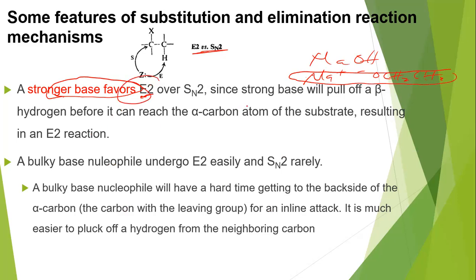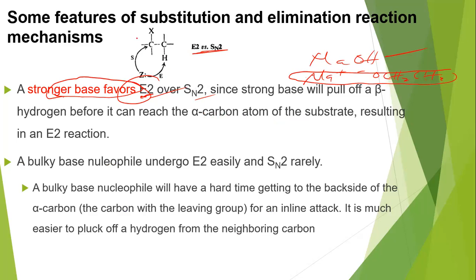So I'll form unsaturation instead of substitution, right? Because the ethoxide is stronger than the hydroxide, sodium hydroxide, right? Good. So we are saying that a stronger base favors E2 over SN2, since strong base will pull off the beta hydrogen before it reaches the alpha carbon.